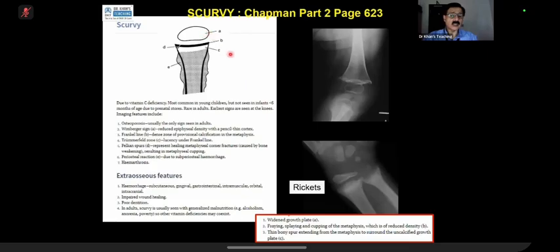Basically, osteoporosis, which is usually seen in adults, shows the Wimberger sign: reduced epiphyseal density with a pencil-thin cortex. So this is the epiphysis. This is reduced density, and the cortex is sclerotic and pencil-thin. You can see it here and here. Then the Frankel line, the zone of provisional calcification in the metaphysis.